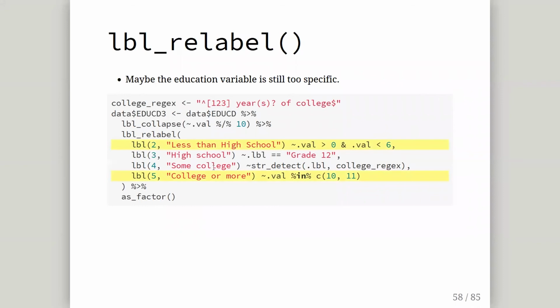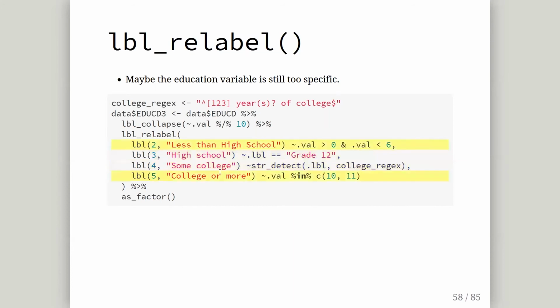And then I also want to highlight that we've got examples here of the .val syntax on the first line and the fourth line. But then we also have the .label syntax on the second and third lines. And the third line, for example, can be read as assign a value of 4 with a label of some college when the input label, so we're referring to the .label, matches with string detect that pattern that we defined up above.